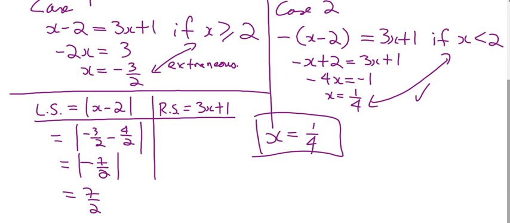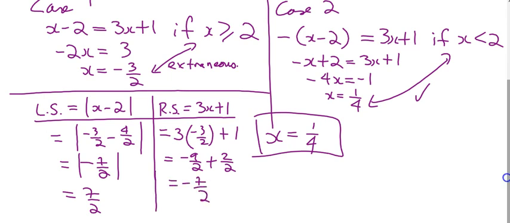And now I want to see if the right-hand side will be equal to 7/2. So that's equal to 3 times negative 3/2 plus 1. So that's negative 9/2 plus, and I'm going to change the 1 into 2/2, which is negative 7/2. Okay, are these guys the same? Nope. Got a positive on one side, negative on the other.